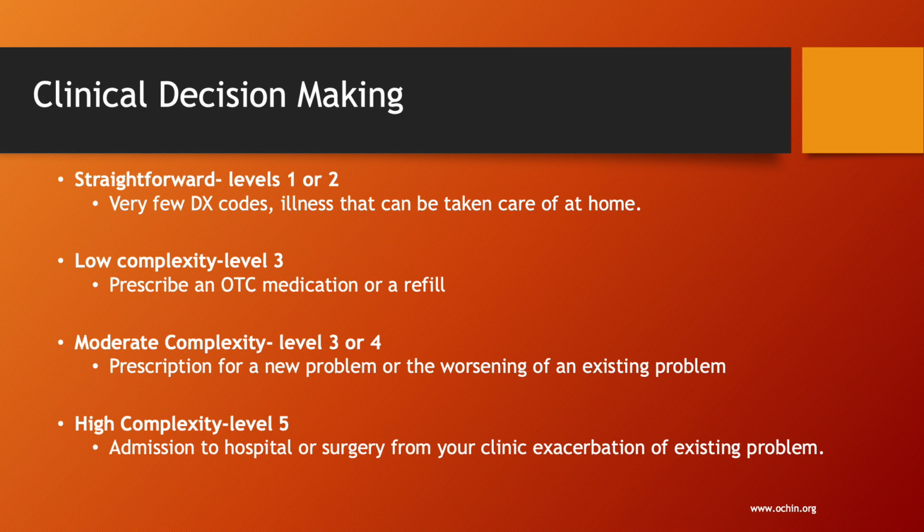When we think about moderate complexity, that could be a level 3 or 4. That's when you're thinking about prescriptions for a new problem or a worsening or existing problem. And then we have high complexity. That's level 5. That's those who may be admitted to a hospital or for surgery, or they had some type of exacerbation of their problem.